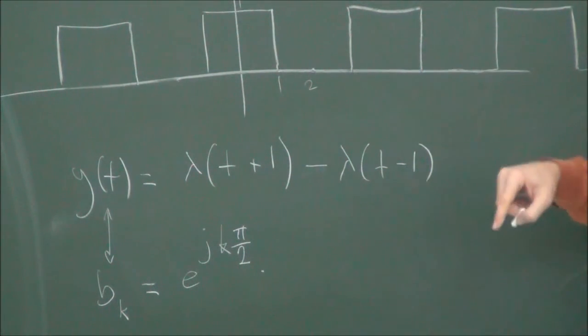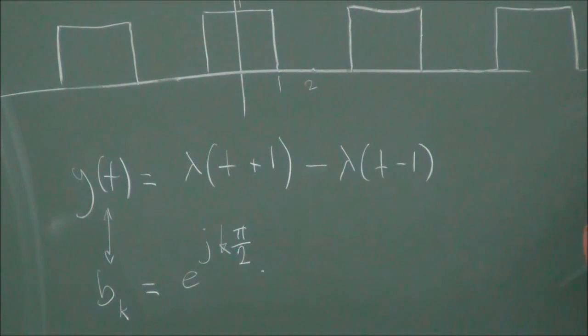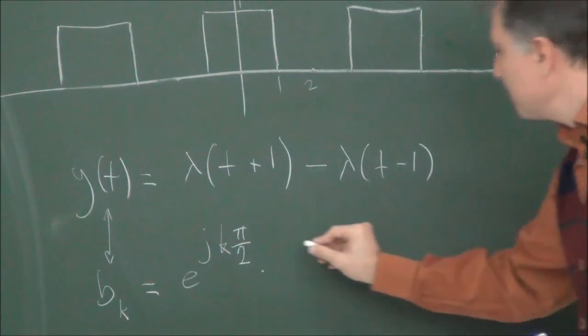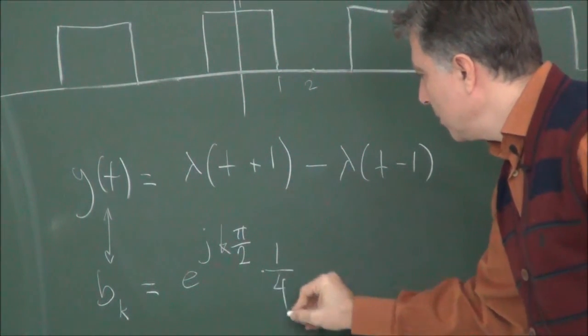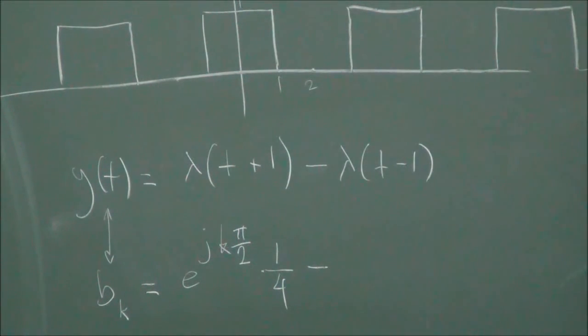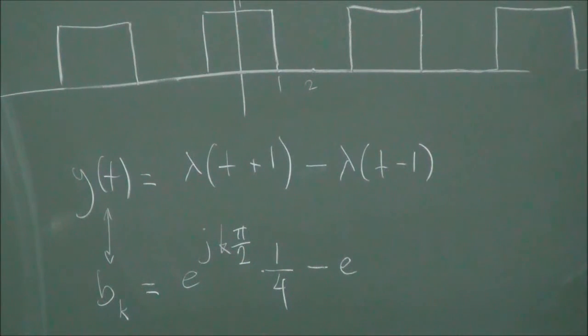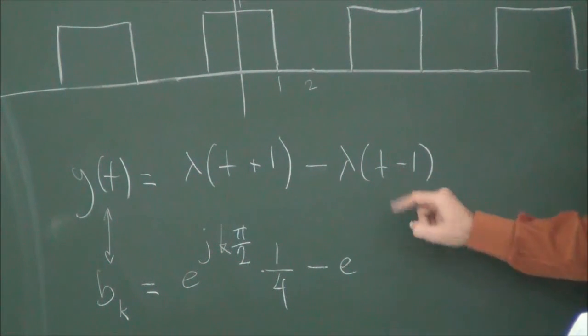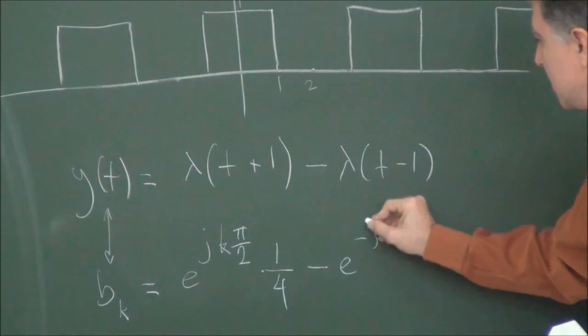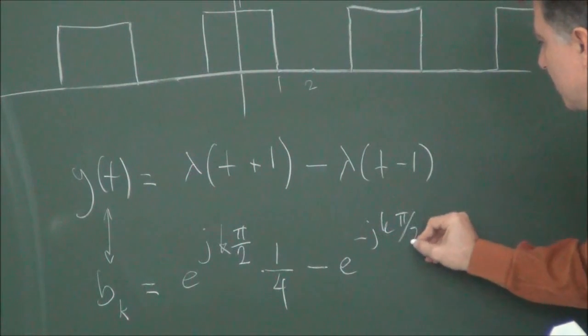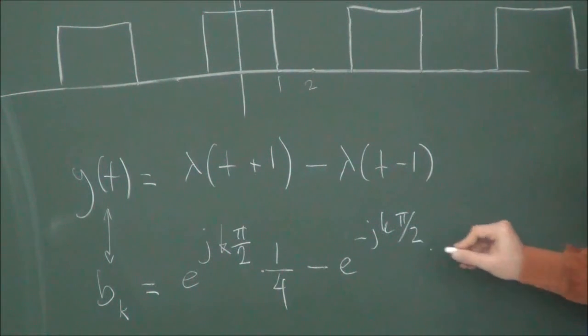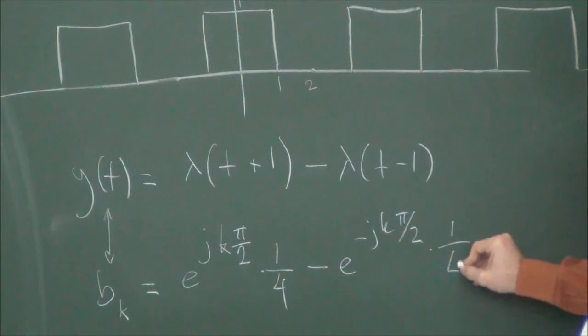What was that? It was 1 over capital T, which is 1 over 4 for this example. Capital T is 4. Okay. Minus e to the, this one corresponds to minus jk pi over 2, times 1 over 4.